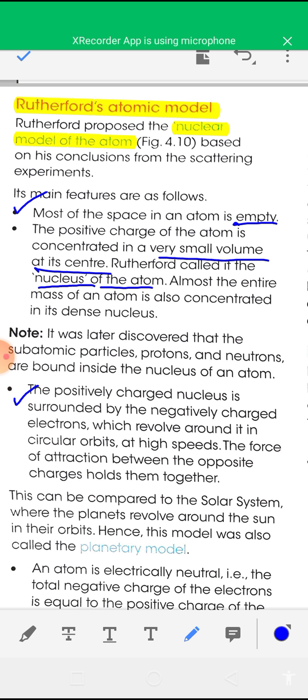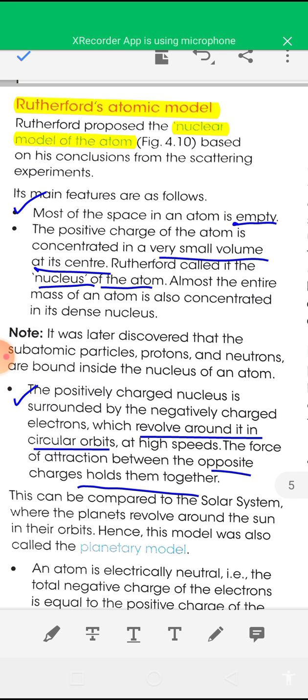And the next point of Rutherford atomic model: the positively charged nucleus is surrounded by negatively charged electrons, and the electrons revolve around it in circular orbits at very high speed, and the force of attraction between the oppositely charged particles, that is electron and proton, holds them together.